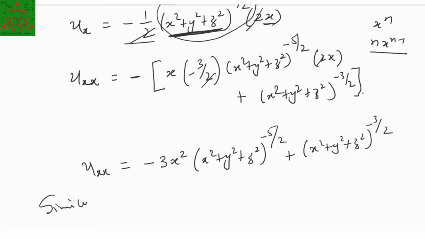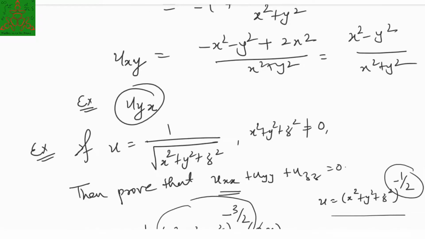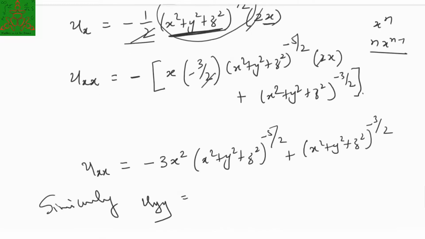Similarly, what is uyy? How to see this uyy? You just observe that this function u is a symmetric function with respect to x and y. That means if you interchange the values of x and y, the function remains the same, because it is y square, x square. So if you differentiate this with respect to x, you will have this answer.